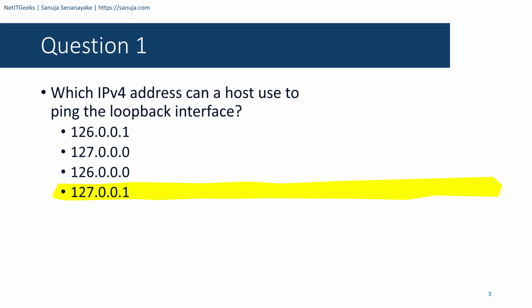127.0.0.1. And keep in mind that the loopback is the routing of electronic signals or digital data streams back to the source without any intentional processing or modification, right? So what that means is loopback is basically used in terms of testing the communications interfaces by pinging itself.